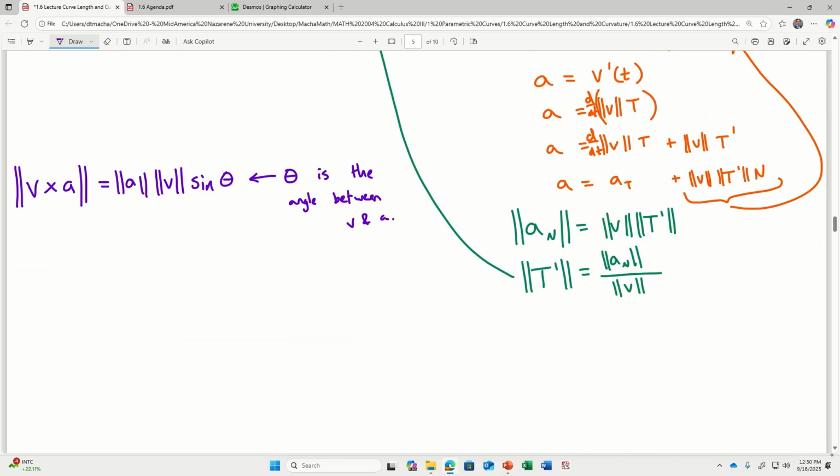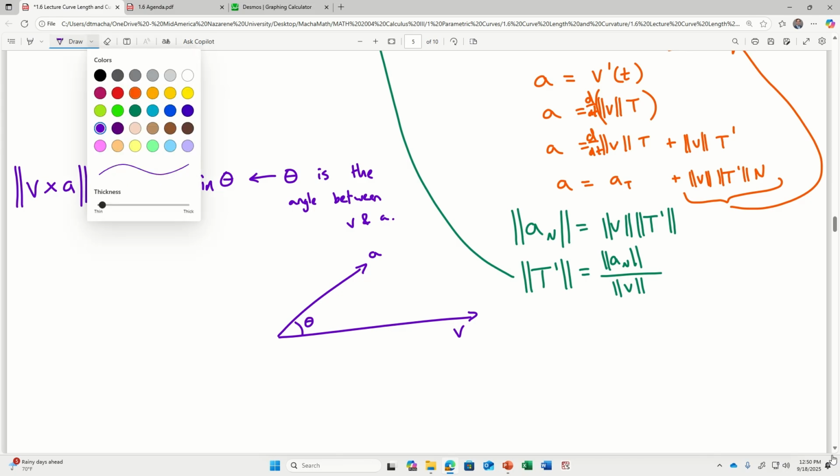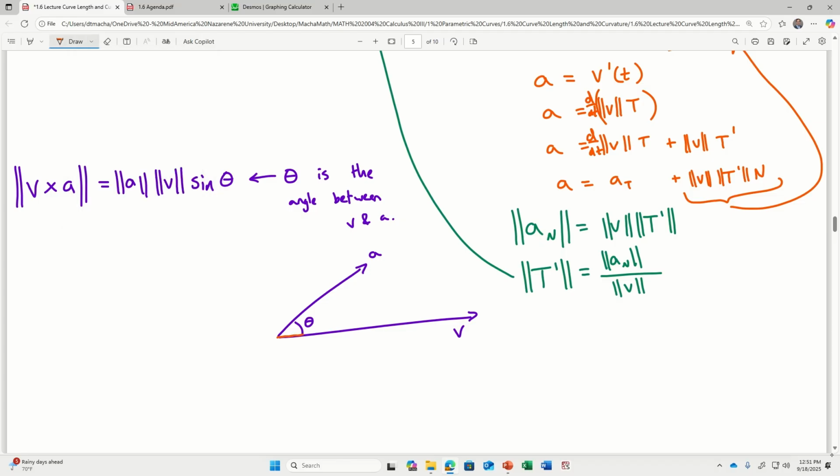Now we need to draw us a picture that has my vector V and my vector A pictured. Here's my angle theta. And A has 2 components. It has a tangential component in the direction of the velocity plus a normal component that's orthogonal to the velocity.